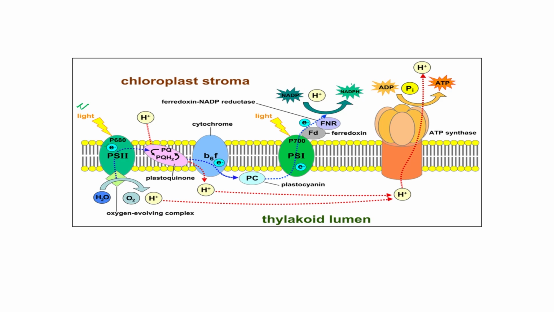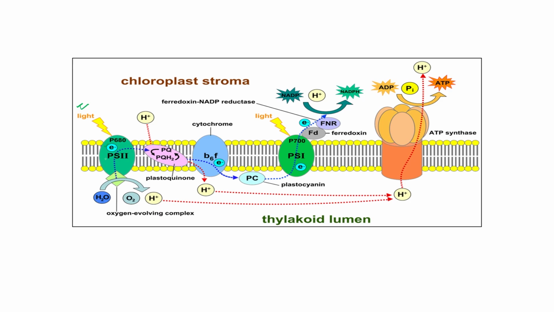and converted into NADPH. The protons are accumulated in the lumen side, and then these are further transferred through the F0F1 particle and convert ADP to ATP. This process goes on in the presence of the ATP synthase enzyme.